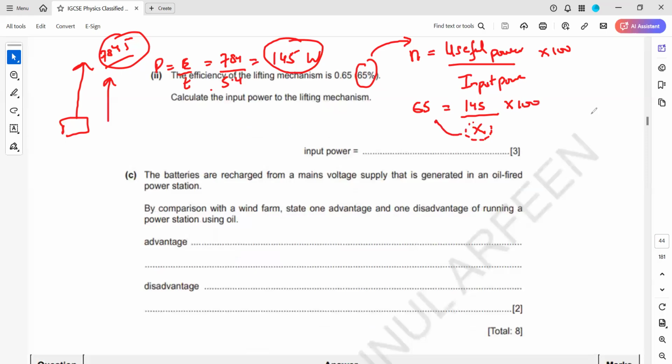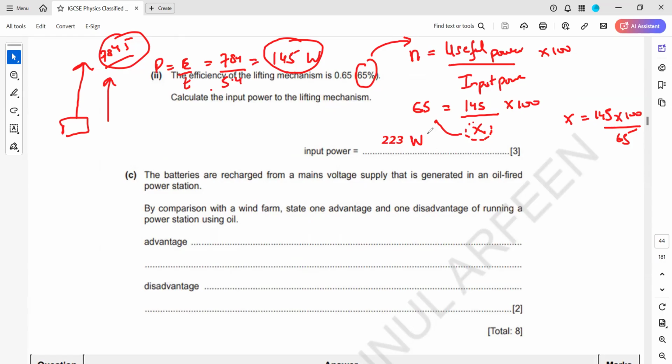So x equals 145 multiplied by 100 divided by 65. The 784 joules was the energy, but because the question is about power, that's why we first get the power. 223.1 is the answer, so about 220, and the unit will be watts.